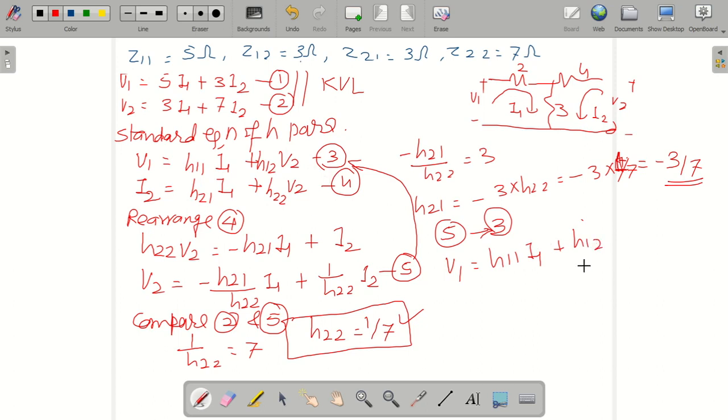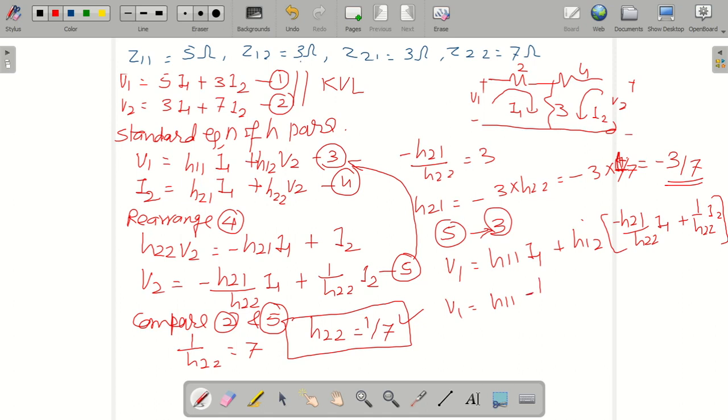What is the value of V2? This value: minus H21 upon H22 I1 plus 1 by H22 I2.